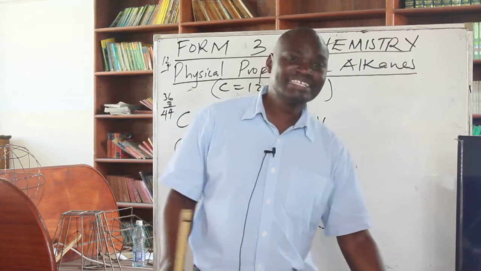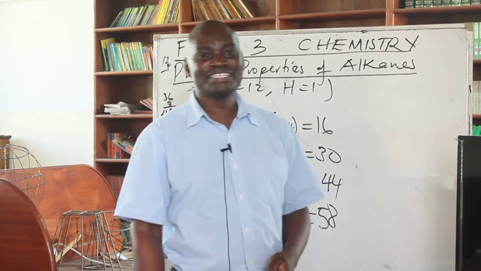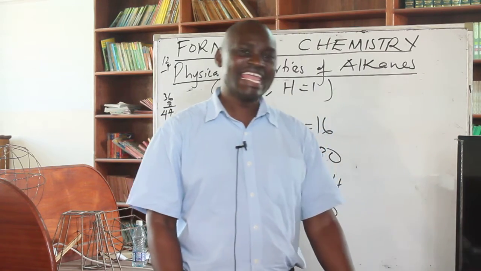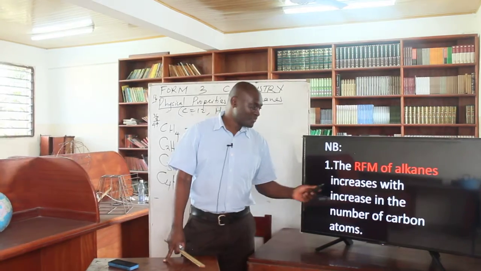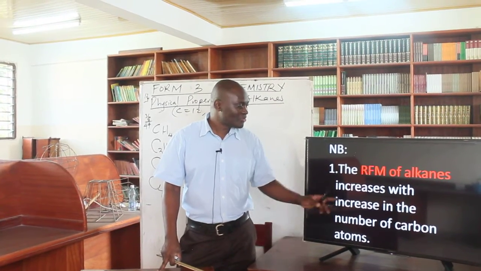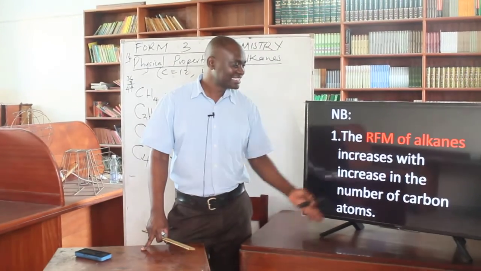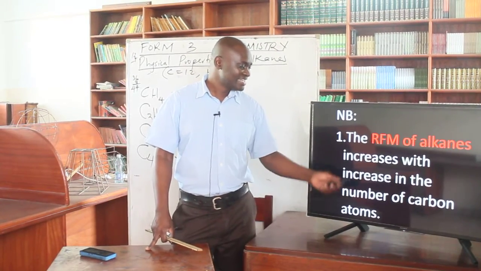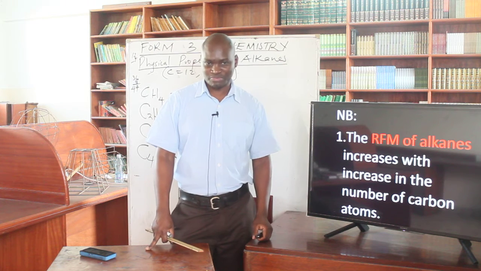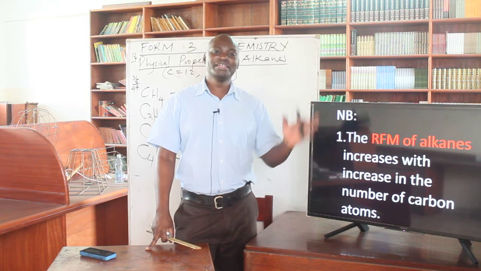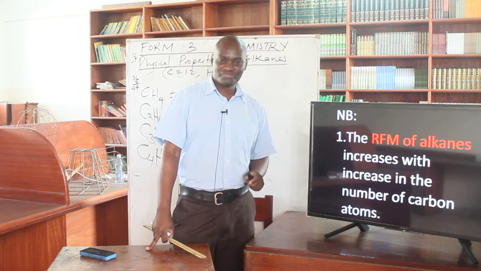That is one thing that we must notice in the table. So the relative formula mass of alkanes increases with increase in the number of carbon atoms. That one we have proved.